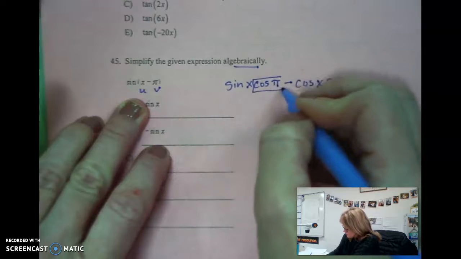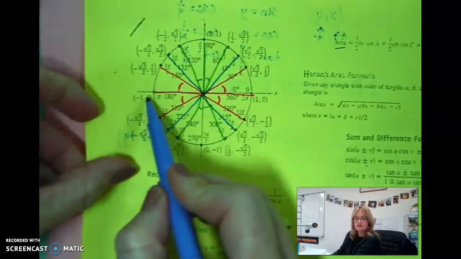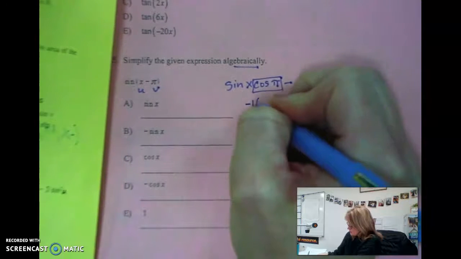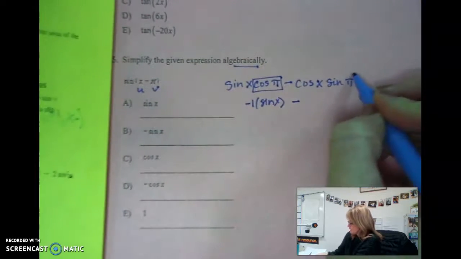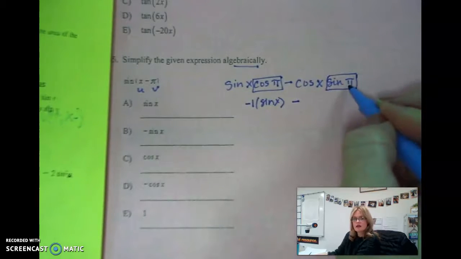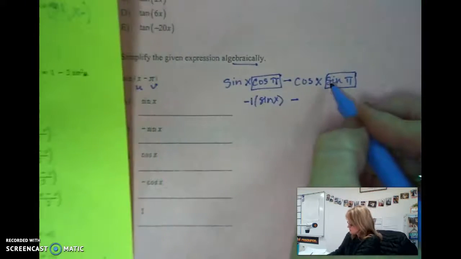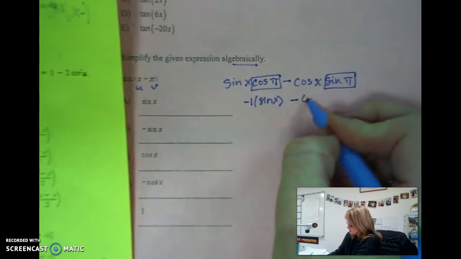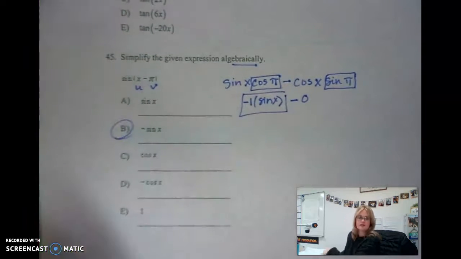Well, I know what the cosine at pi is. At pi, my cosine is negative 1. So now I have negative 1 times the sine of x. Minus, I know what sine is at pi. Sine at pi is 0, and 0 times the cosine of x is 0. So my answer is negative sine of x for B.